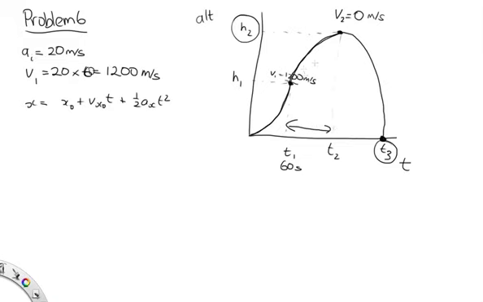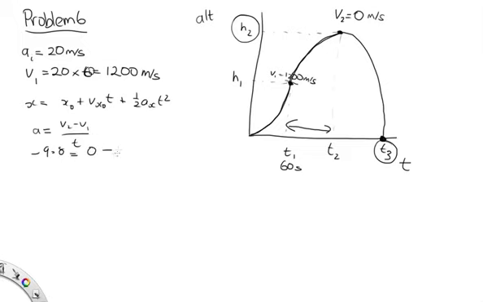So to work out this time lapse, between here and here we have a constant acceleration. So we can use acceleration is equal to the change in velocity, so v2 minus v1 over t. And we have the acceleration as minus 9.8. The final velocity is 0.